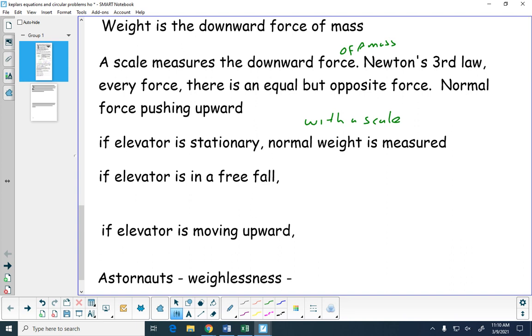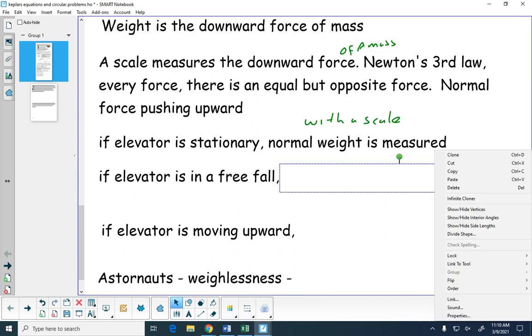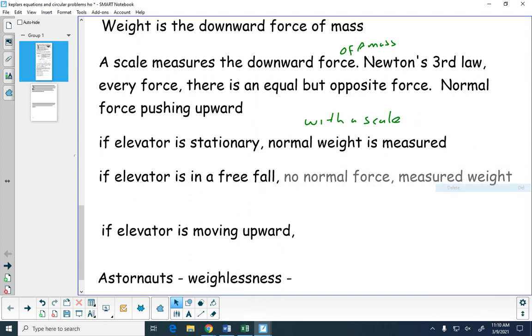So if your elevator is in a free fall, you have no normal force. If you want to become weightless, have a free fall in an elevator.